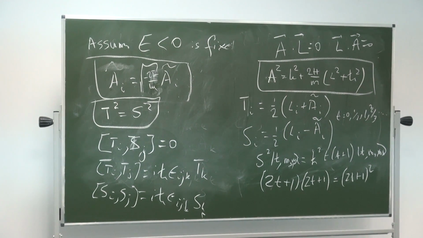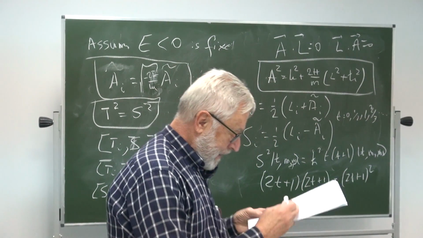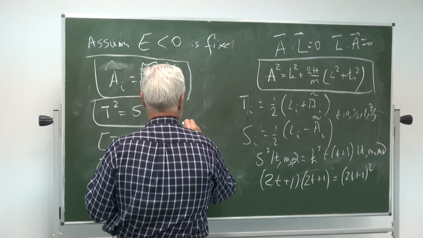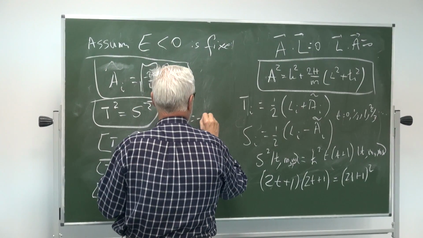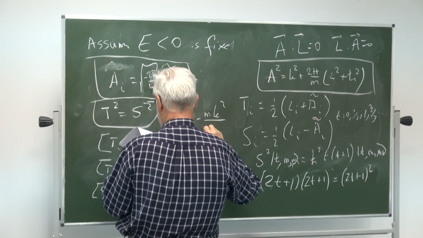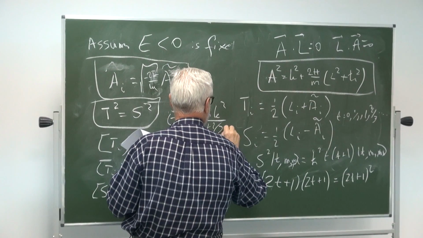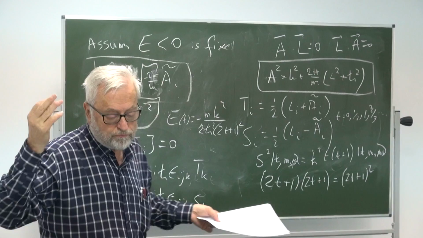It's just an algebraic expression. I have done it myself, believe me. And the result is, as books are telling: for given T, it is minus M K squared divided by 2 h bar squared times (2t plus 1) squared. That's it.